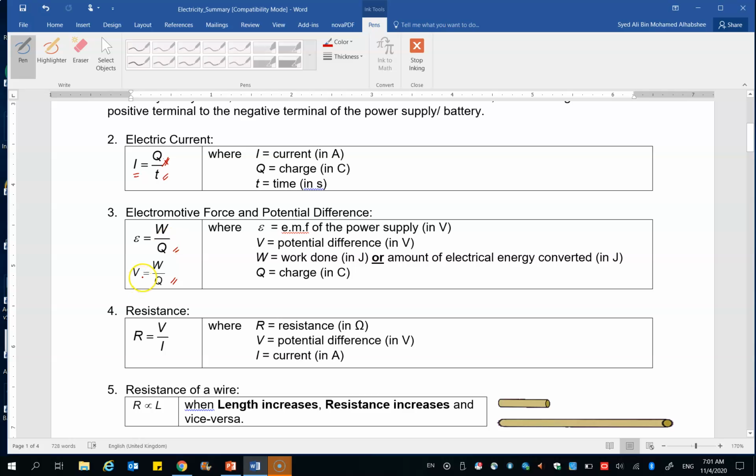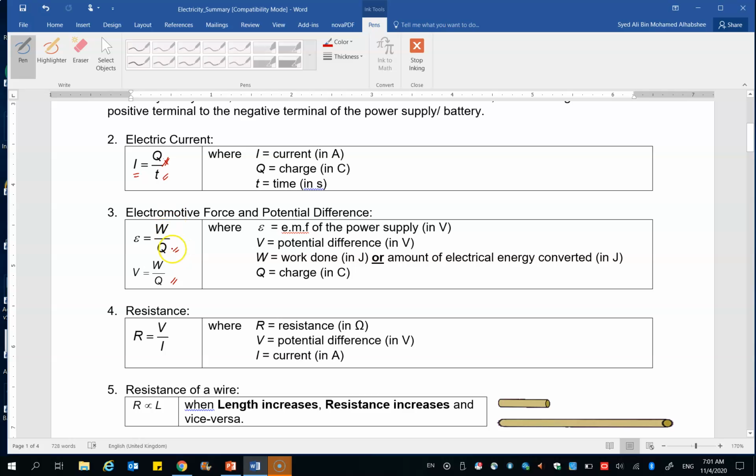Potential difference refers to the work done needed to push the unit charge through a component in the circuit. So EMF refers to your batteries and your power source, while potential difference refers to the components in your circuit, like your resistors and light bulb and so on.